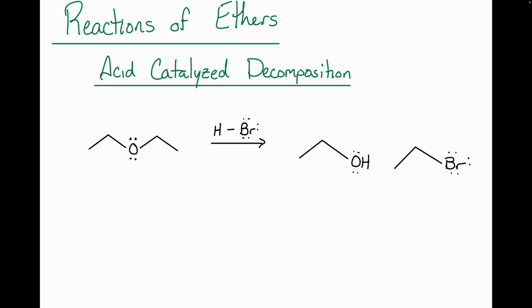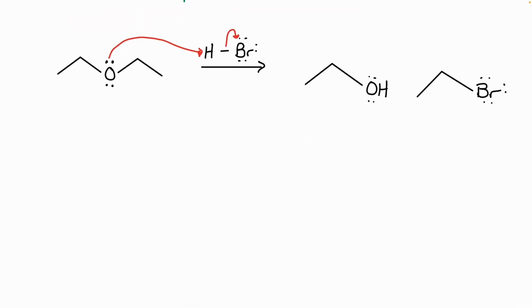One of the things that's going to help us break this molecule apart is we're going to protonate that oxygen. That converts our ethoxy group from being a terrible leaving group to now being a good leaving group.